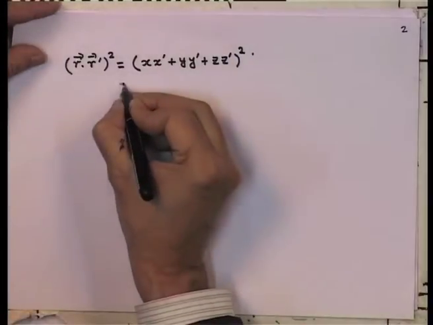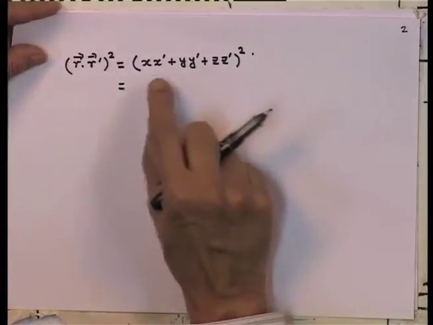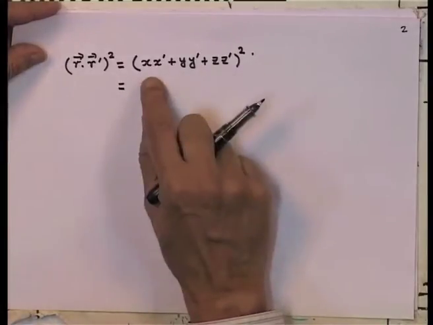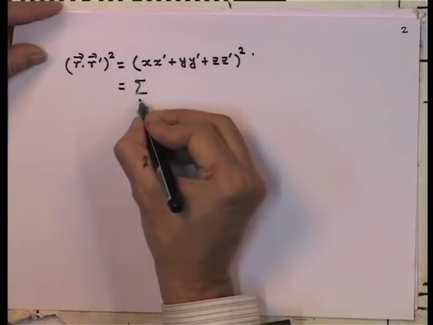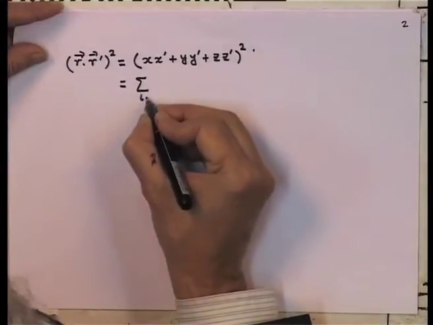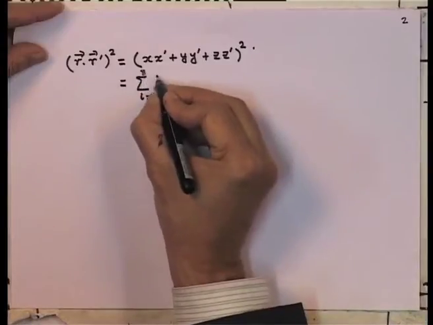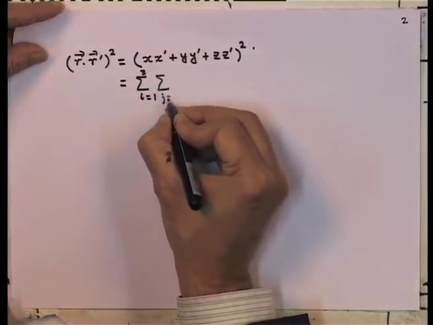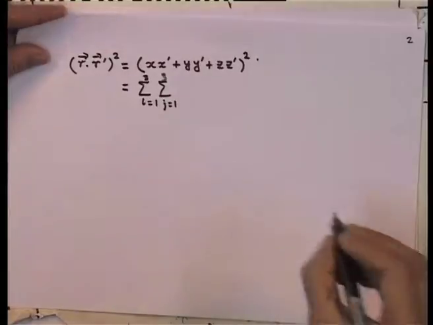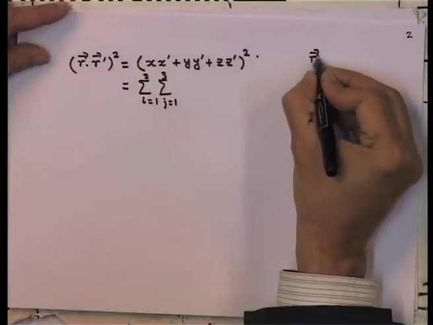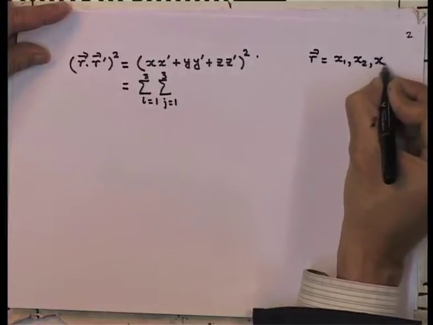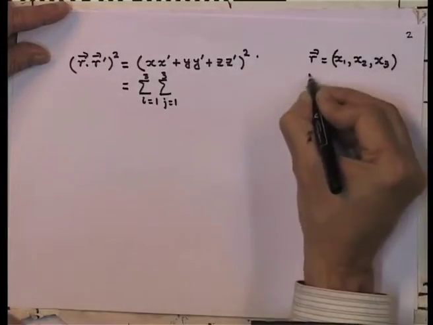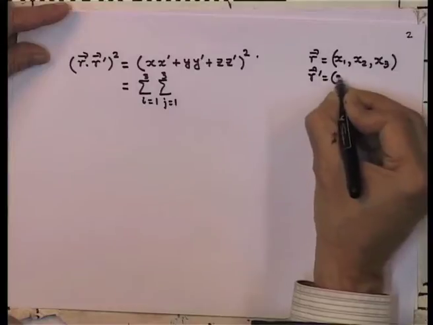Now, I can expand this whole square out and you will get various combinations of x, x prime, etcetera. So, let me write this as a sum over i and j, where i goes from 1 to 3 and j also goes from 1 to 3. I will write the components of vector r as x 1, x 2, x 3 and those of r prime as x 1 prime, x 2 prime, x 3 prime.